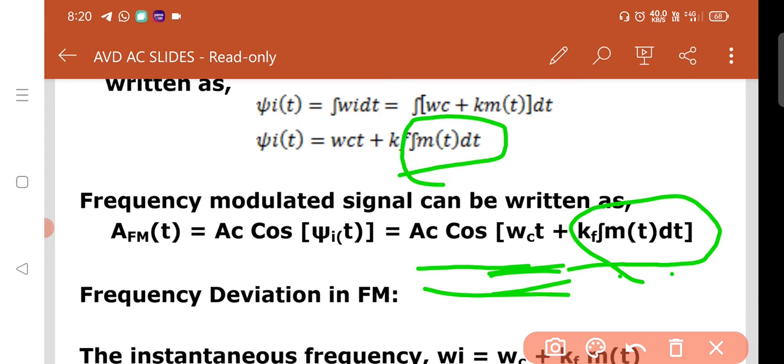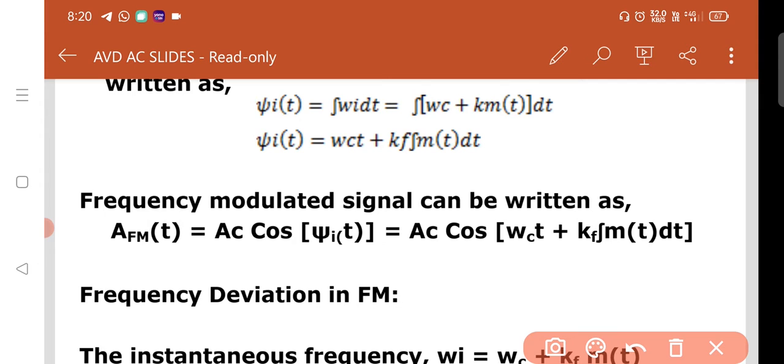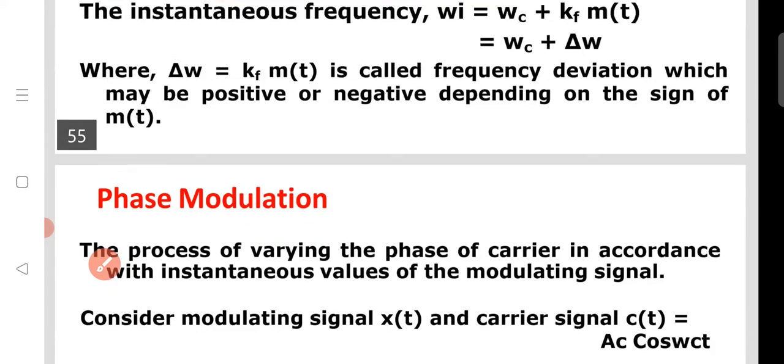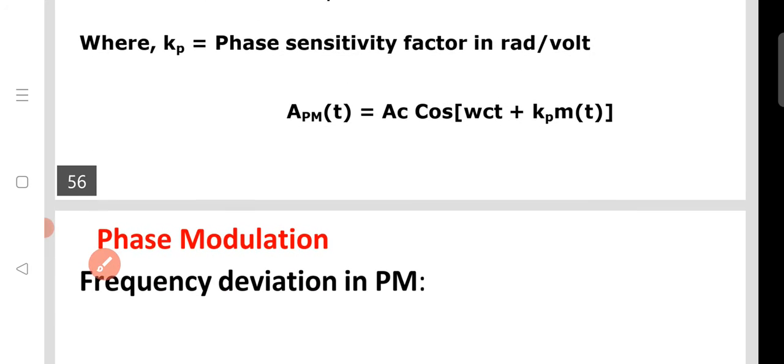That's why, in order to get frequency modulation, we first send the message to the integrator. Then that integration of the message signal is fed to the phase modulator, meaning the phase deviation occurs. Then the final output is frequency modulation. Observe these equations and you will clearly understand that.